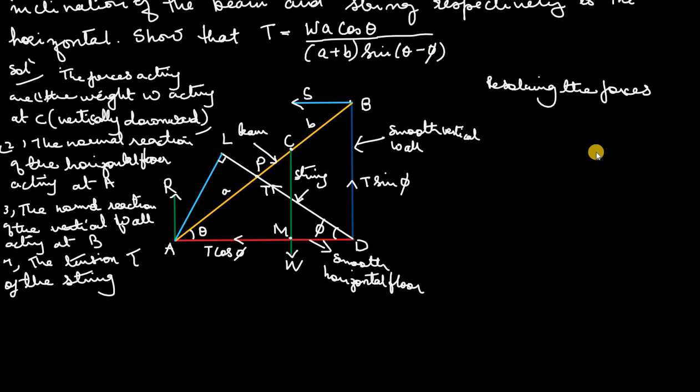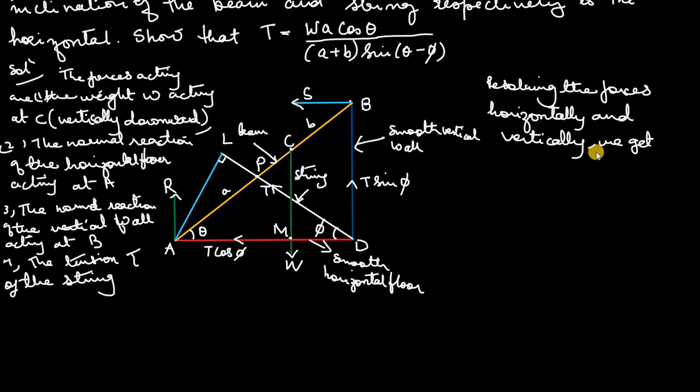What are the horizontal forces acting here? The resultant part of this string tension T, whose inclination is phi, along the x-axis is T cos phi, and along the y-axis it is T sin phi.